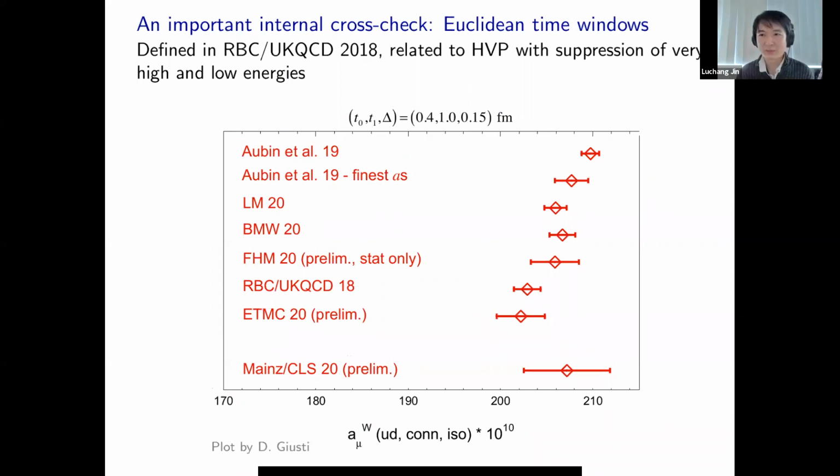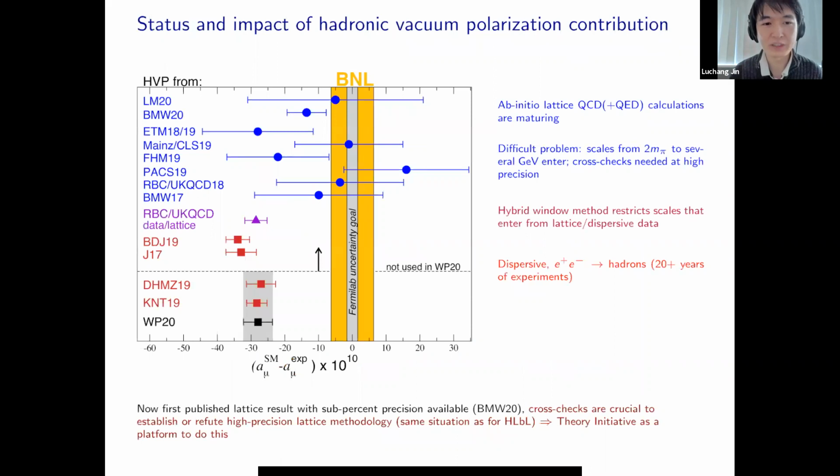Do you have other questions? So by the way, for the RBC/UKQCD side, the HVP calculation is led by Christoph Lehner. He was at Brookhaven for quite some time working on this, but recently moved to Regensburg in Germany.